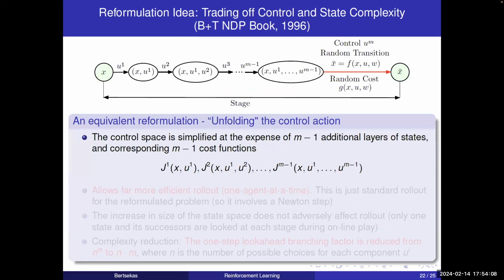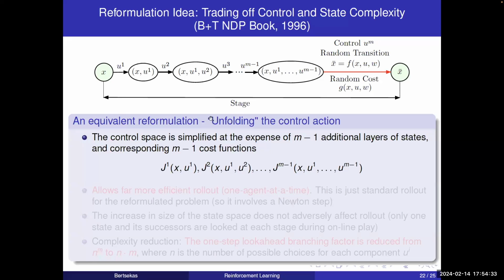Okay, so this is a reformulation idea, again using state space augmentation for the second time in today's lecture. Here we're going to trade off control and state complexity. This dates back to the neurodynamic programming book from 1996 by Professor Bertsekas and John Tsitsiklis. And here's the reformulation.